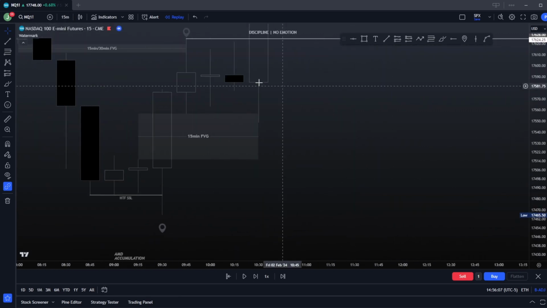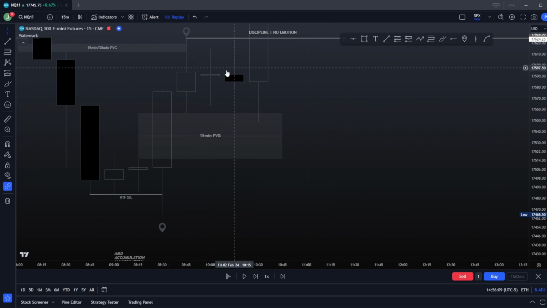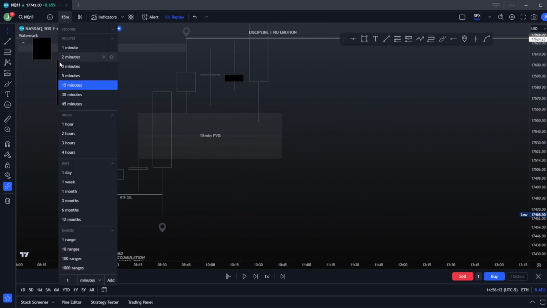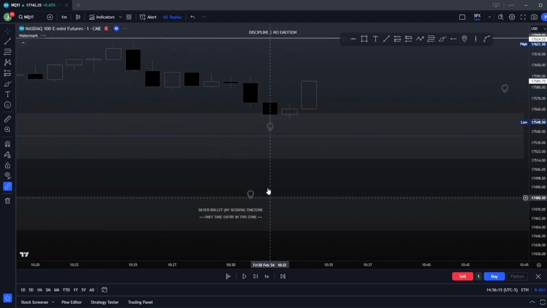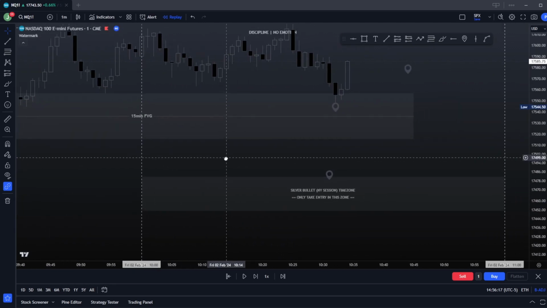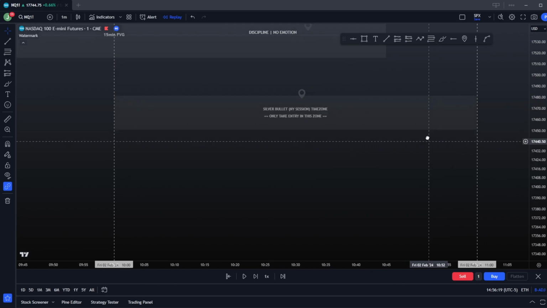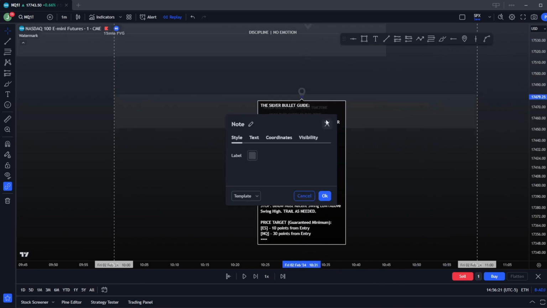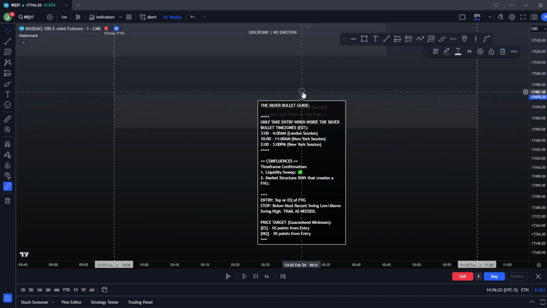let's look at our 15 minute. So on the 15 minute, we tap into here. Now, what is our entry? What's our entry look like for silver bullet? Our entry is the top or EQ of a fair value gap.